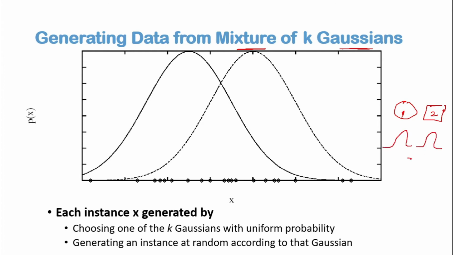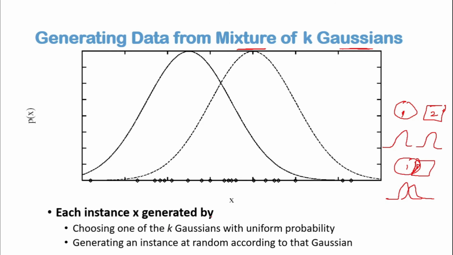But if both the objects are overlapped or somewhat merged, then their Gaussians also merge like this. Then it is very difficult to identify which Gaussian distribution belongs to which object. So that's why we go with this.